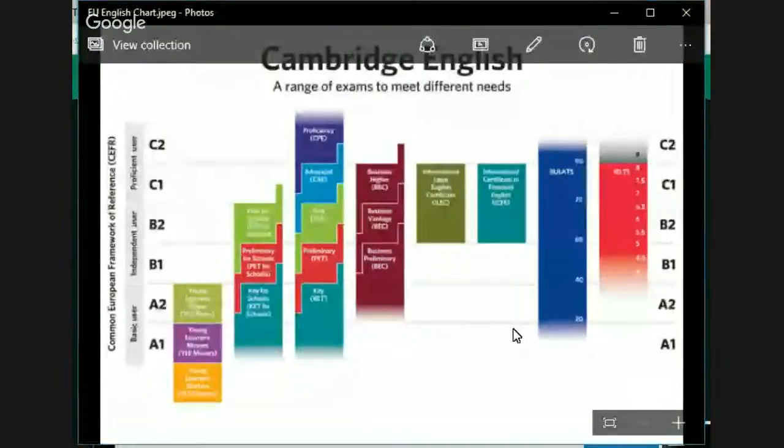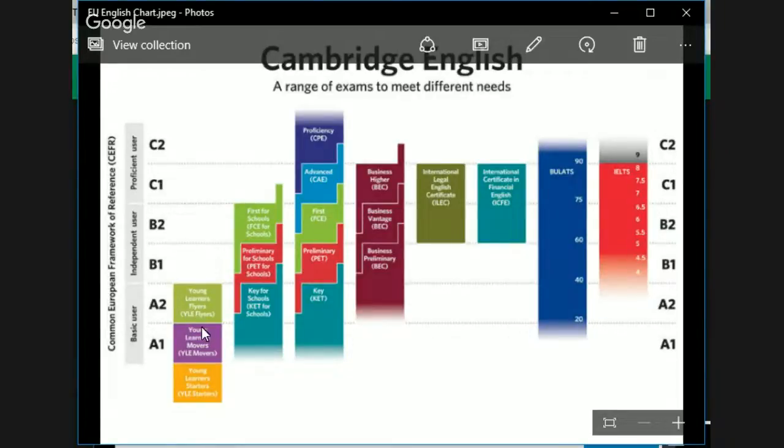Just to share with you briefly what we're talking about with the FCE test. This belongs to the Cambridge English family of tests. They have a whole bunch of them. IELTS is one of them.